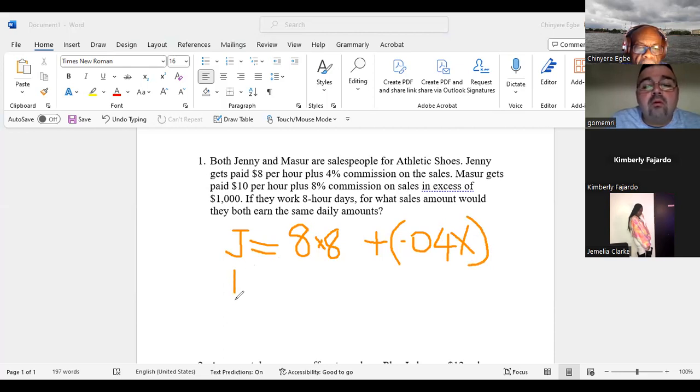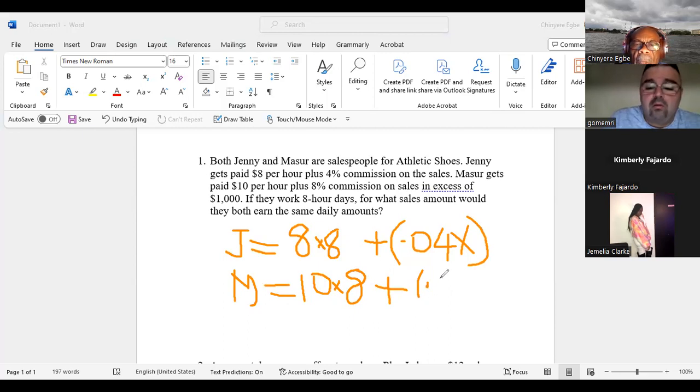And M is equal to 80 plus 0.08 times 8 times X minus 1,000.